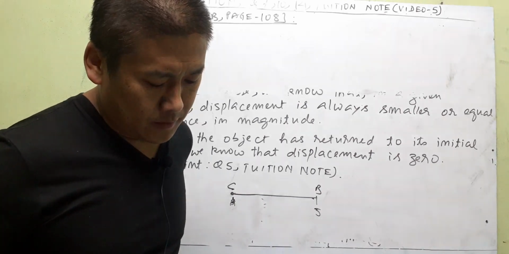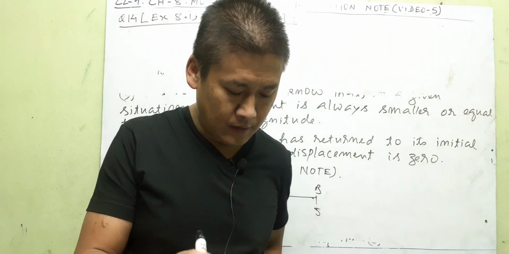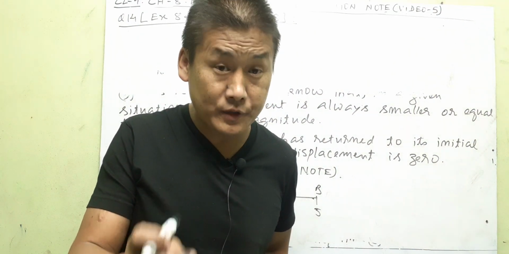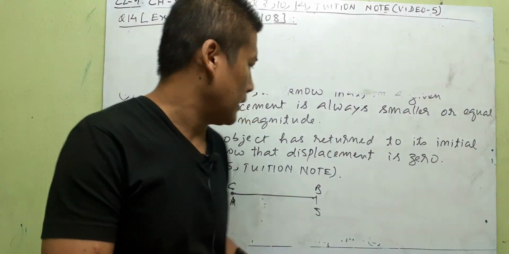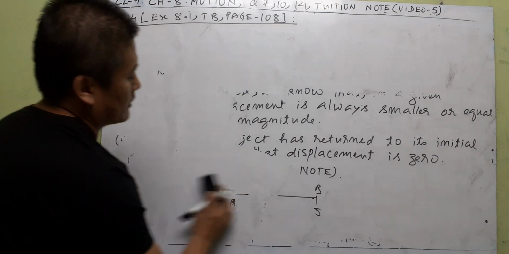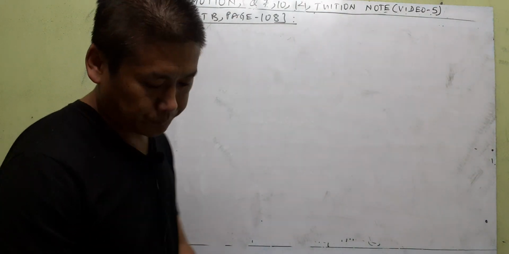Let me read the question for us. An object travels 16 meters in 4 seconds. And then another 16 meters, same distance, but in different time, 2 seconds. So clearly the object is traveling like this. Let us read once more. What is the average speed of the object?